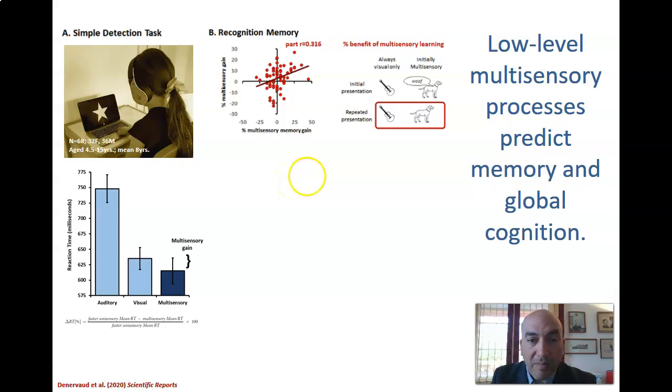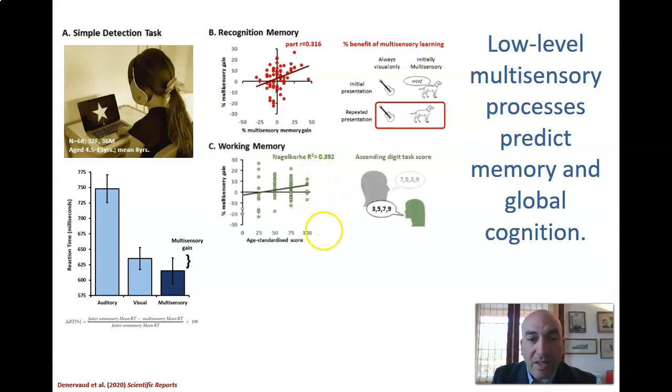Here, a lab-based task, but it also generalized to a working memory task used in neuropsychological examinations, here the ascending digit score, which involves the experimenter or tester giving a set of numbers, for example 7, 5, 3, 9, and the child reporting back the numbers in ascending order, 3, 5, 7, 9. Here again, a stronger multisensory gain was predictive of a larger working memory span.